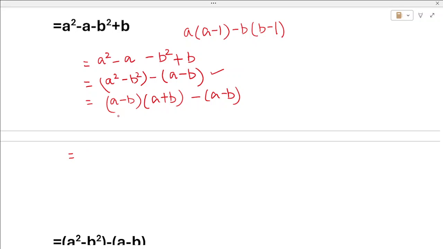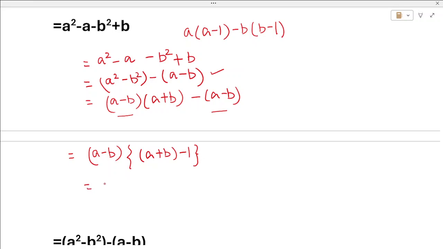So here what we can see, a minus b is the common term. So by taking the common term out, what is left inside the bracket? Inside the bracket is left a plus b minus 1.